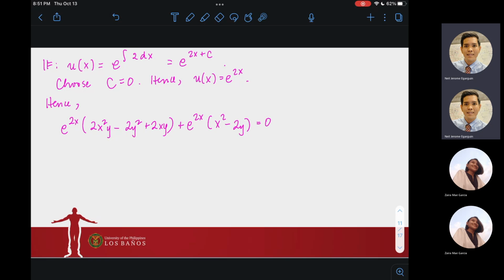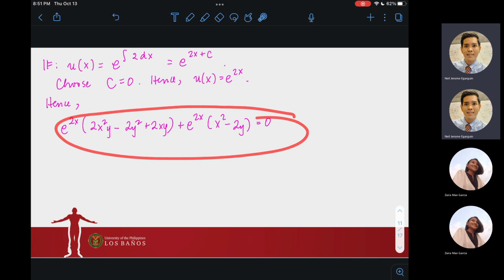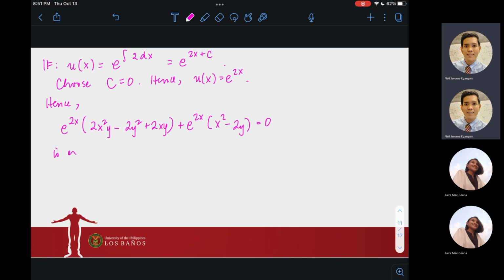And then the thing here is that this should be exact. Is exact. Sure na tayo dyan kasi pinili natin yung integrating factor in such a way that we are guaranteed that the product that we get represents the left-hand side of an exact ODE. Right?